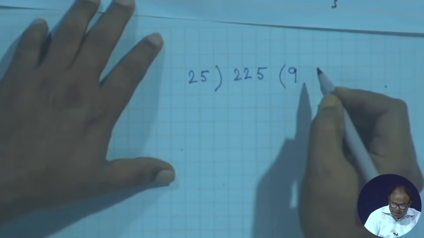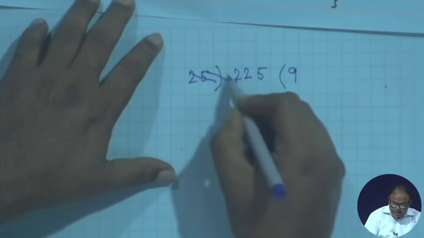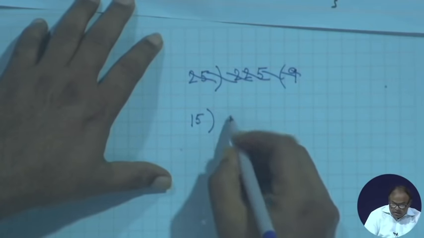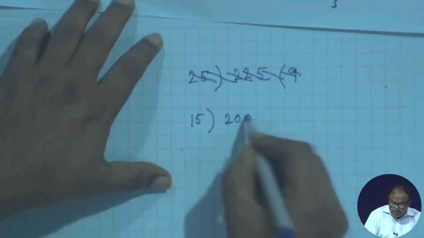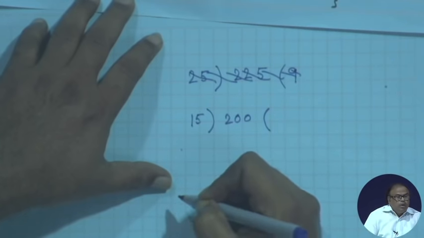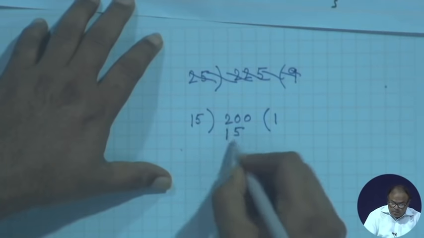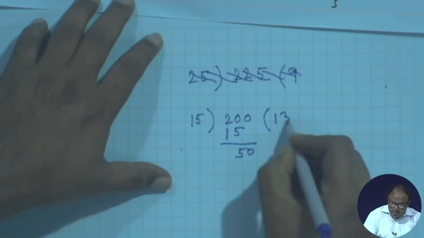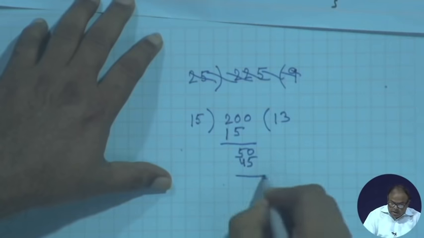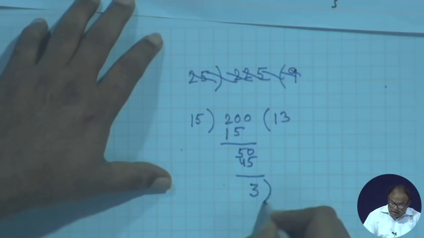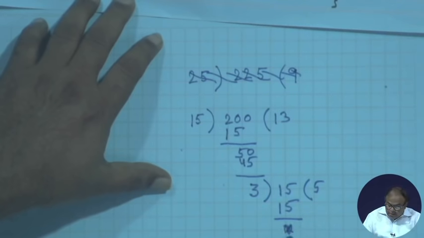So, then this straightaway comes as the GCD. Again, let us say 15 and 200. What do I do? I repeatedly divide, and I take the remainder and then divide and go on dividing till my remainder becomes 0.